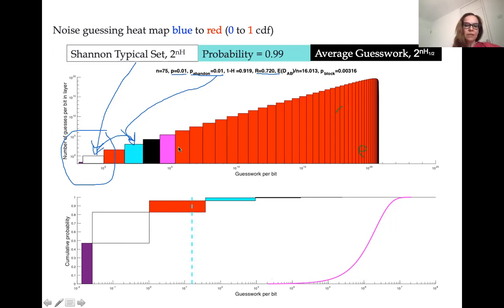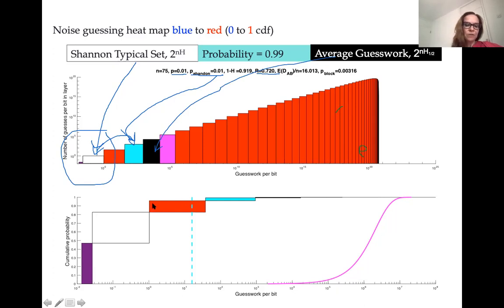I'm really using a heat map, okay, and the black here for the average number of guesses to guess the actual noise, which is this one. So the purple here is because I've only accumulated about 0.5 of the probability. Red is because I'm basically at 1.